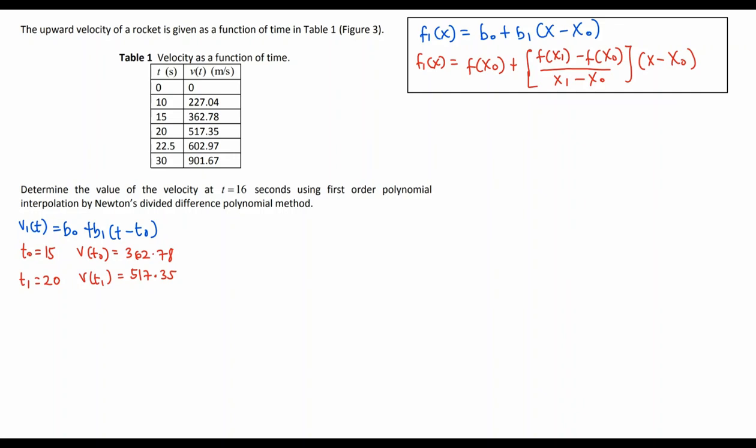Now let's look at what you are going to do. Let's consider this general formula and rewrite it in terms of t.